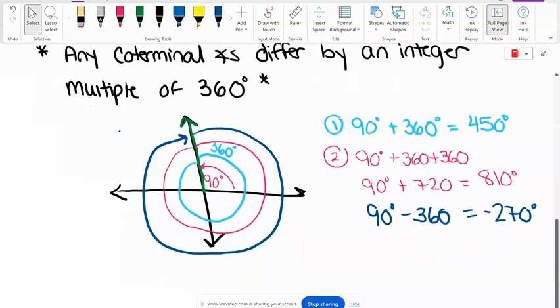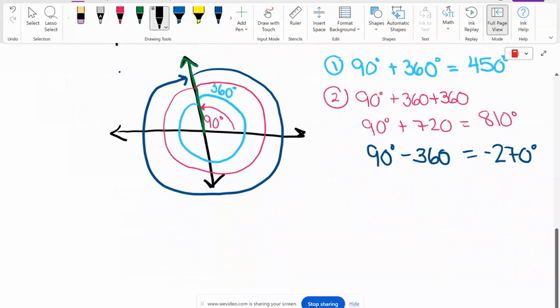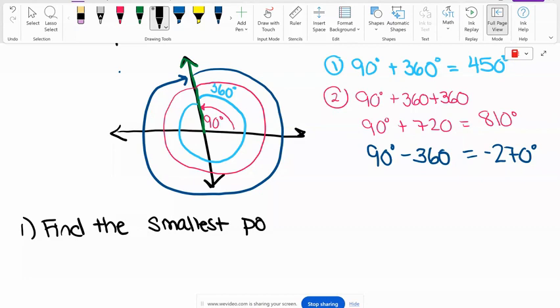Okay, so now what I want us to do is find the smallest positive coterminal angle.